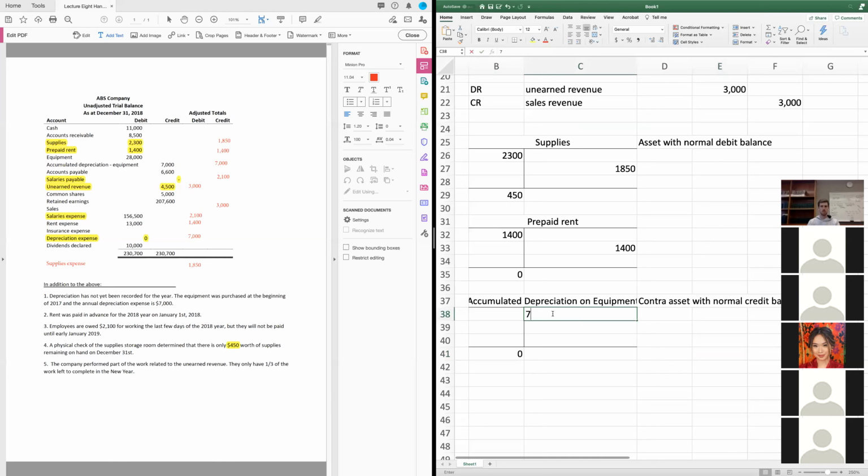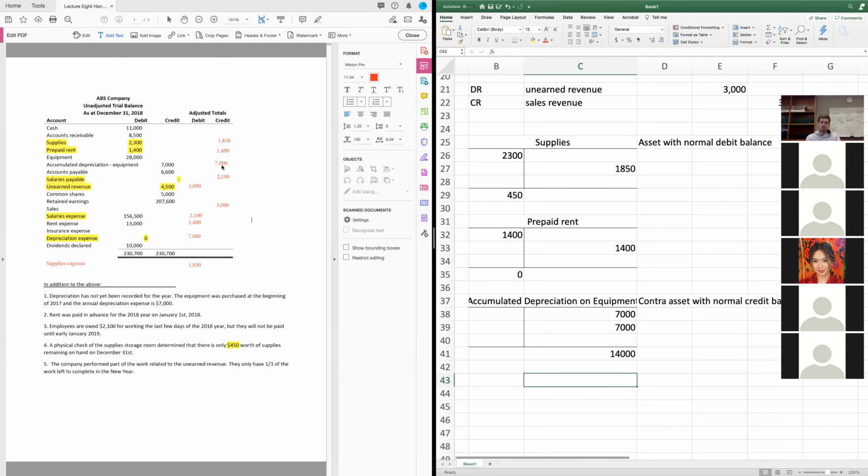And I have another additional 7,000 credit during the year. So what's my ending balance? $14,000 credit. Does that make sense? Yes. Okay, good. So you can see how these entries work.